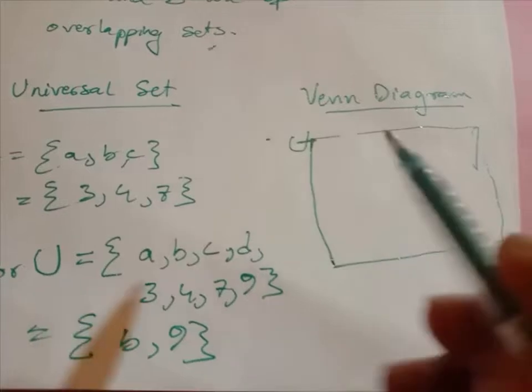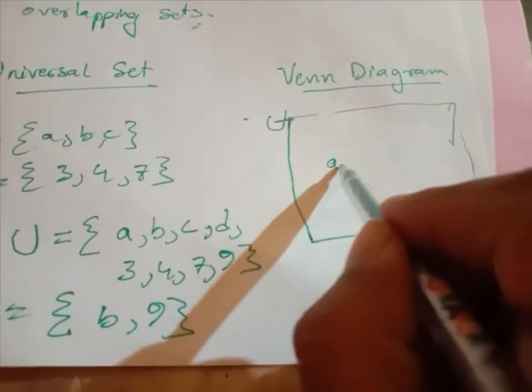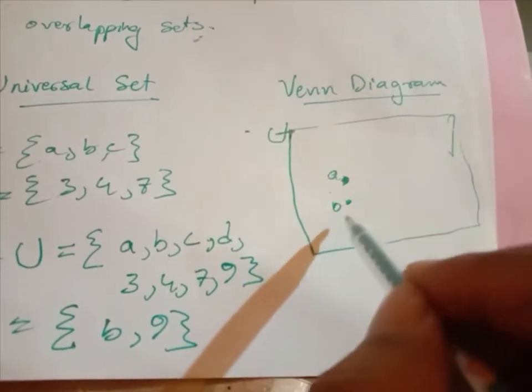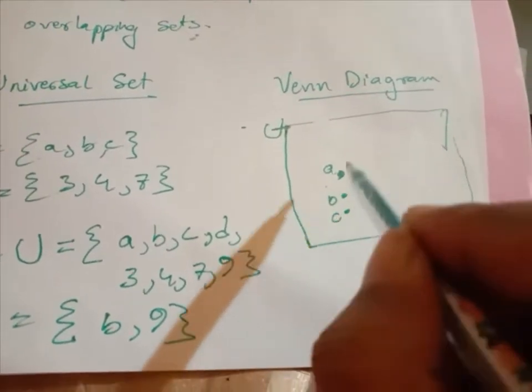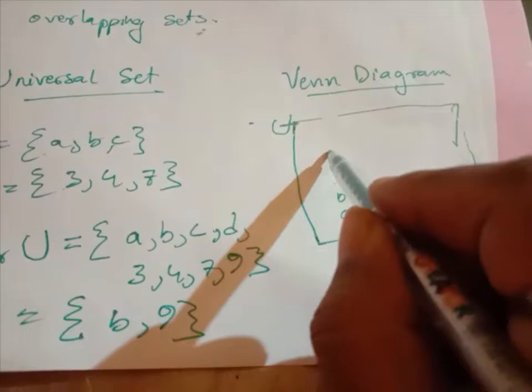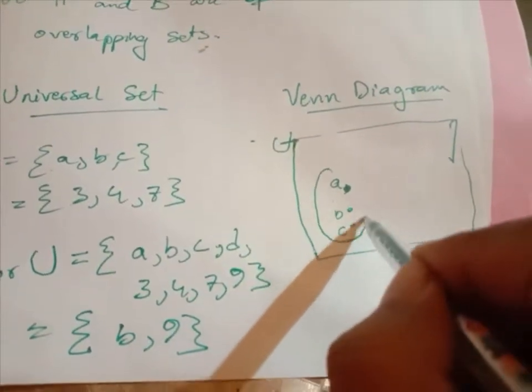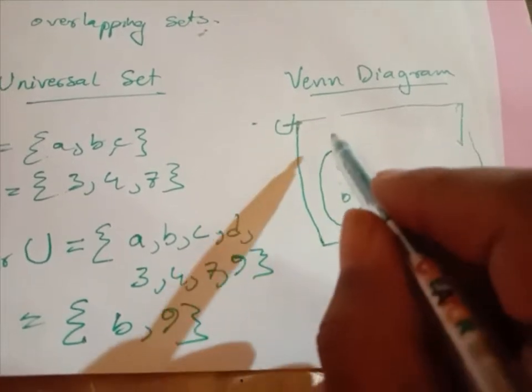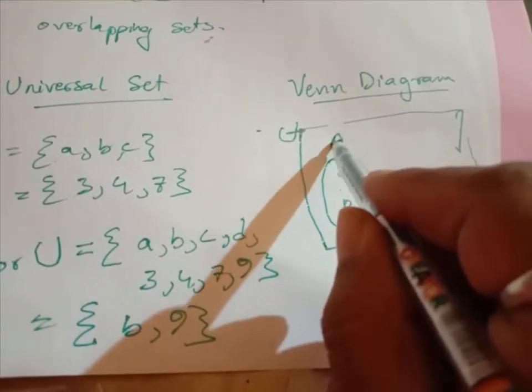Now A, B and C, this is a dot, B dot, C dot. These 3 dots represent elements. Now if I encircle this, then this oval will represent the set A.